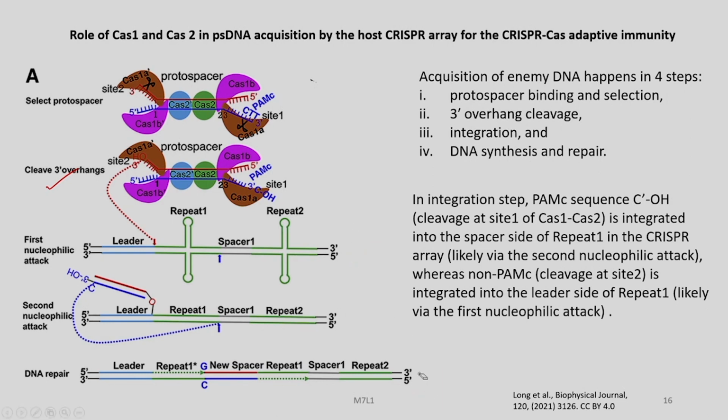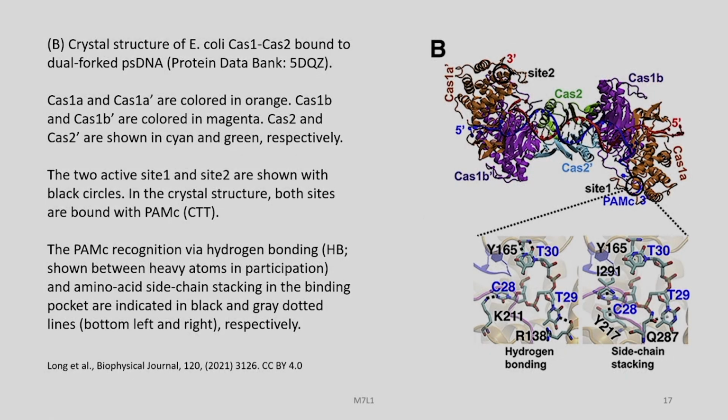In the integration step, the PAM-C sequence with C' OH, the cleavage at site 1 of Cas1 Cas2, is integrated into the spacer side of repeat 1 in the CRISPR array, likely via the second nucleophilic attack, whereas the non-PAM-C cleavage at site 2 is integrated into the leader side of repeat 1, likely via the first nucleophilic attack.